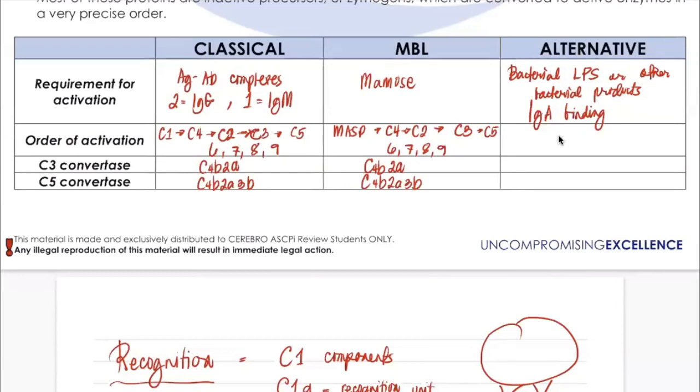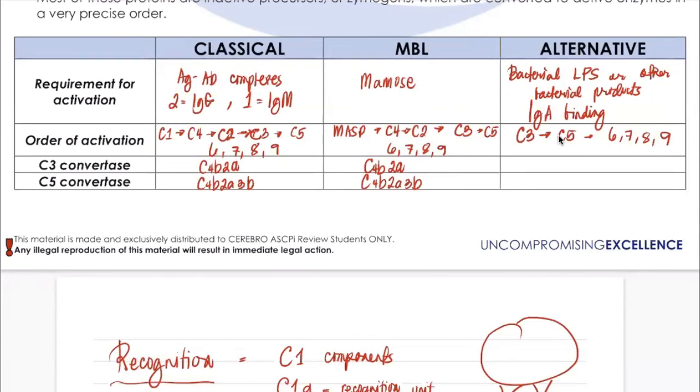So wala siyang C1, wala siyang C2, saka C4 involvement, no? So binabypass niya, diretso siya sa C3, activating C5, and eventually 6, 7, 8, 9, no? Binabypass niya yung ating recognition unit, which is the C1, which is composed of the C1 components, no?